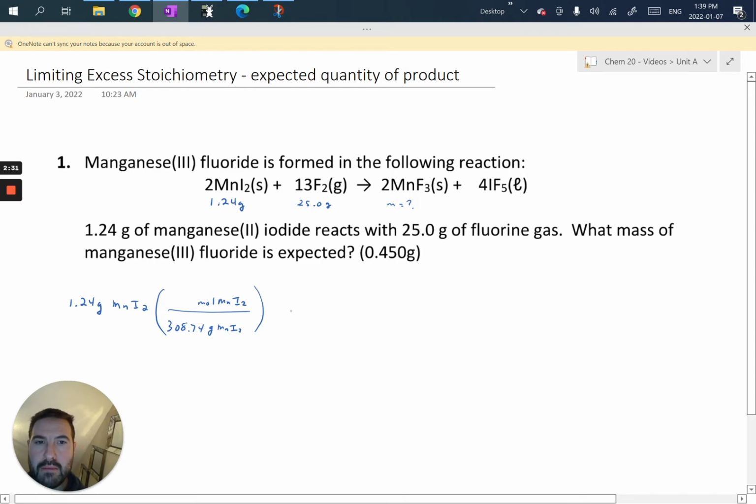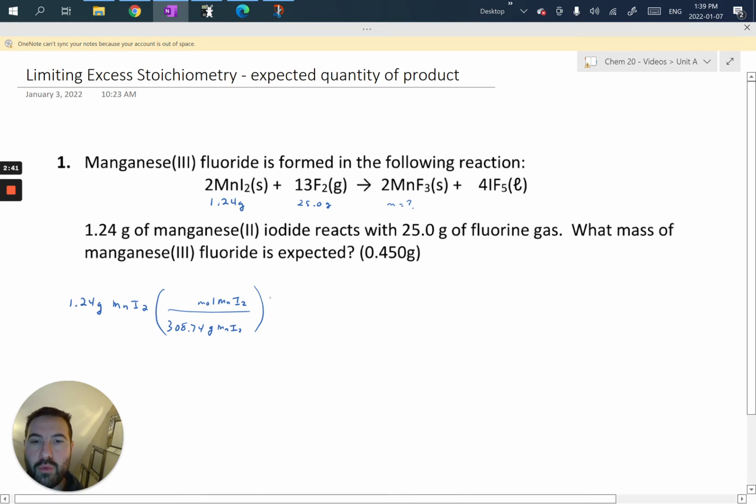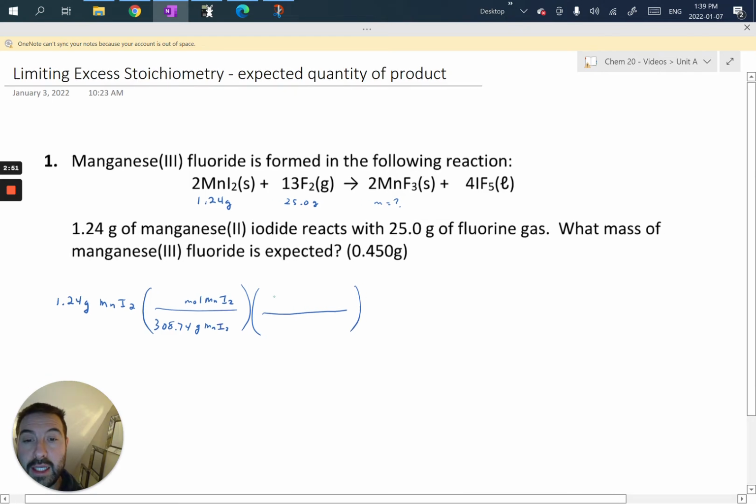I'm going to do this a little bit differently again. There's all sorts of ways to work your way around the math in these questions. I'm going to go right into determining how many moles of that product I can produce. Using my molar ratio from my balanced chemical equation, I can create 2 moles of MnF3 for every 2 moles of MnI2. So these are in a 1-to-1 ratio.